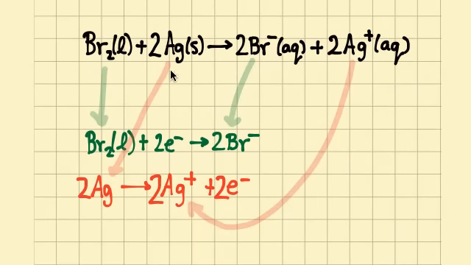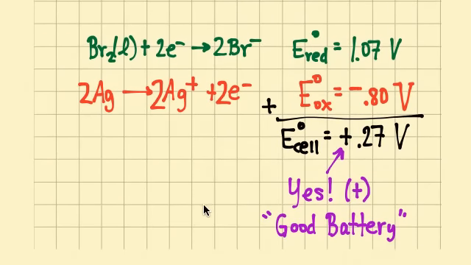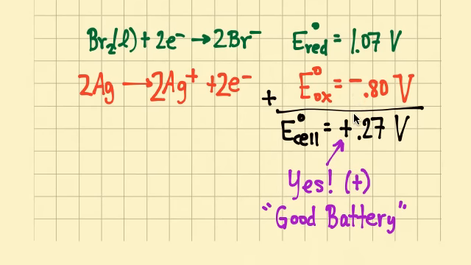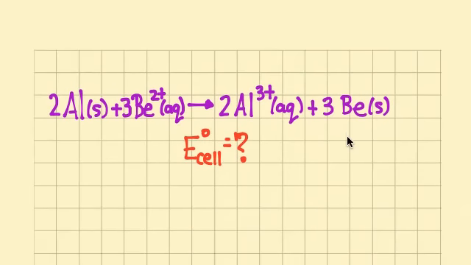Or I could say, take the silver, put it here, take the silver 2+, put it here. 2 silvers, 2 electrons. And I ended up switching the silver reaction backwards, so it changed from a positive 0.8 to a negative 0.8. And the answer is yeah, it still works as a battery. The voltage is kind of low, but I called it a good battery in the sense that it's positive and not negative. We haven't seen a negative cell potential yet, but we should.